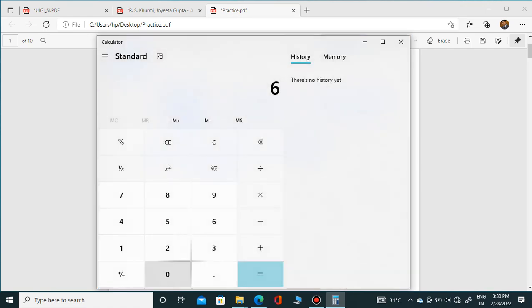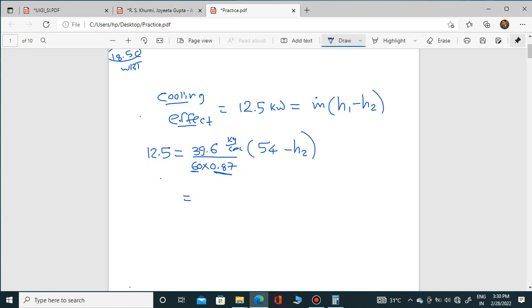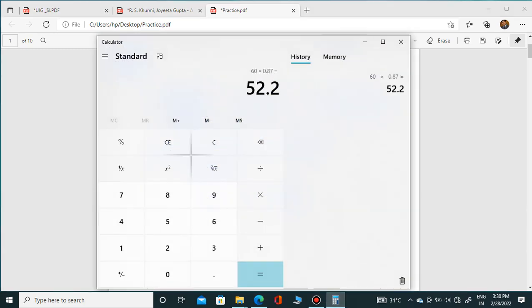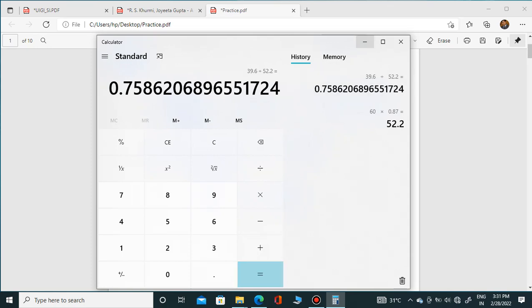Initially let us find 60 into 0.87, that is 52.2. So here 39.6 divided by 52.2 is equal to 0.75 or 0.76.